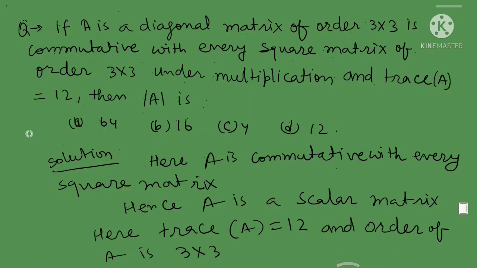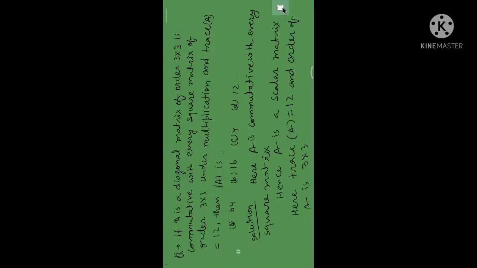So we can conclude here that the element of the diagonal of A is 12 by 3 equals 4.